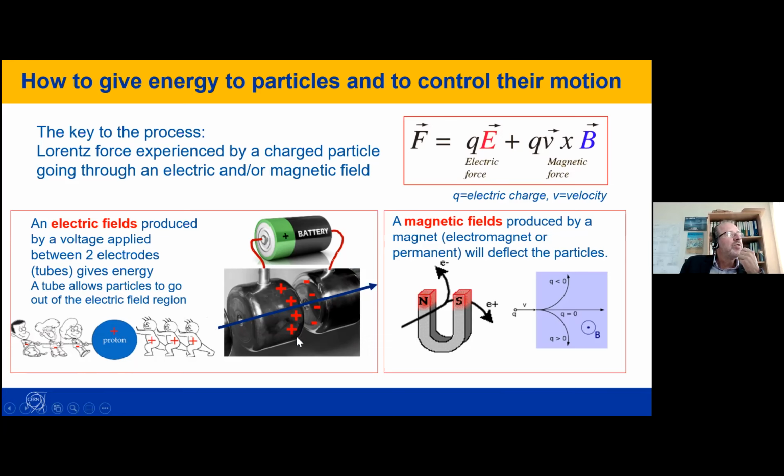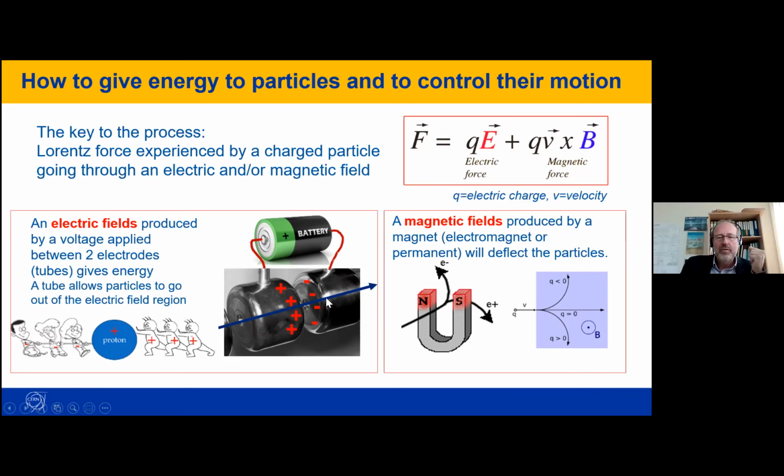And if you take 2 tubes, like this one with a hole in the middle, and you have your protons, for example, going through, if the 2 tubes are connected, okay, here you have a battery, but to any type of voltage, you will have positive charges on one side, negative on the other, and your protons will be accelerated on this gap.